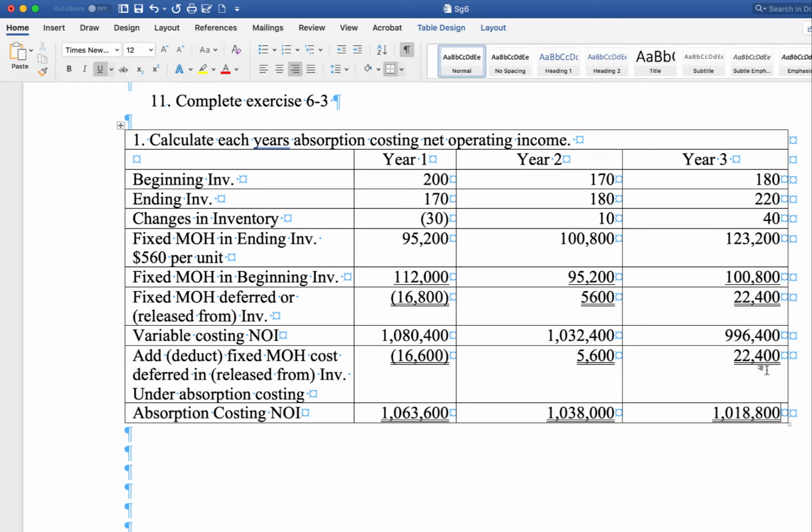going on here is that they say to assume in year 4 the company's variable costing net operating income. I'm just going to come down here and type just for kind of notes, okay?